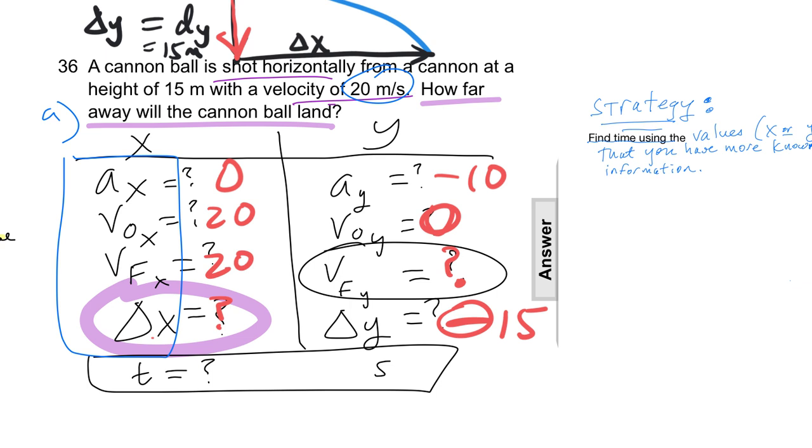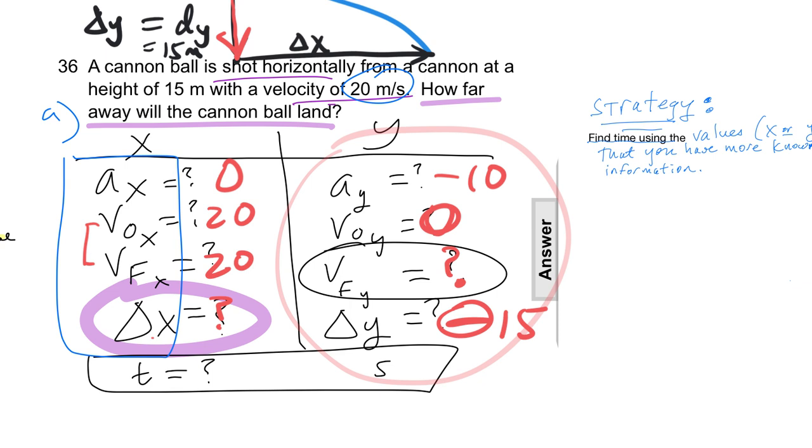Okay, so looks like I got more information with the Y values, because these are the same. This is not going to help me. So what's an equation using the Y values? What's an equation I can use that will find me time?